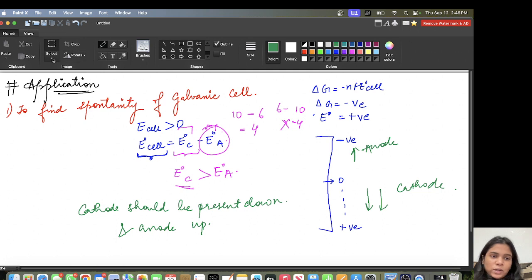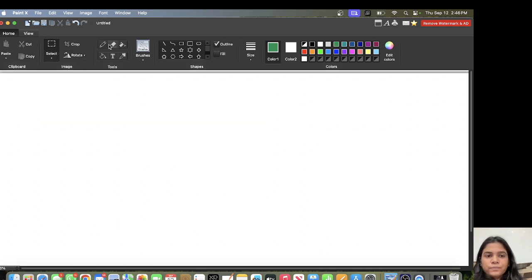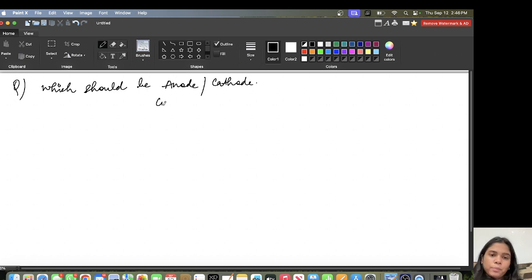One question I'll ask you: go through your electrochemical series again and tell me which one should be the anode and which one should be the cathode. The question is of copper and zinc. I'll tell you the values: copper was plus 0.34 and zinc is minus 0.76.